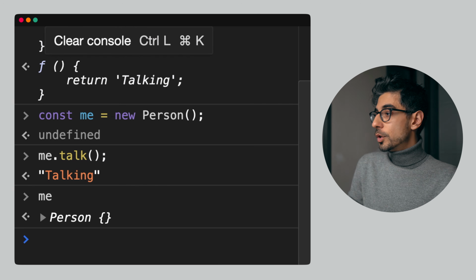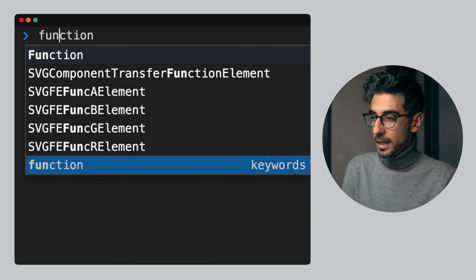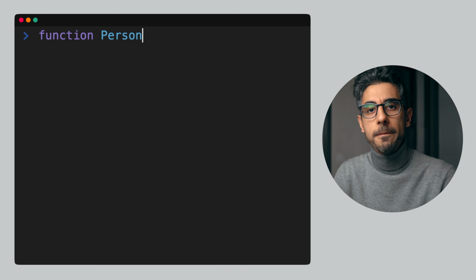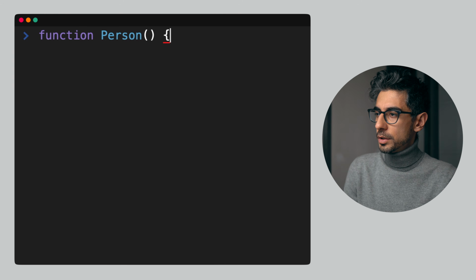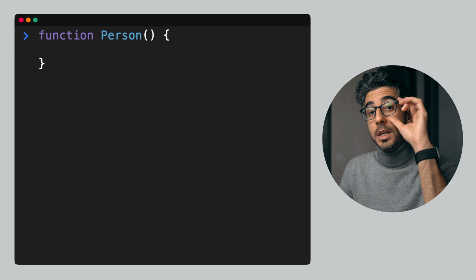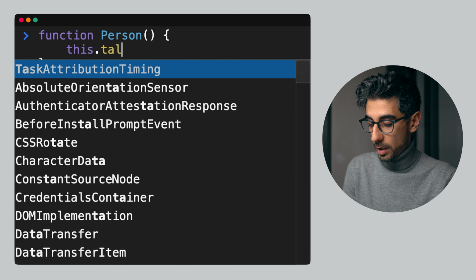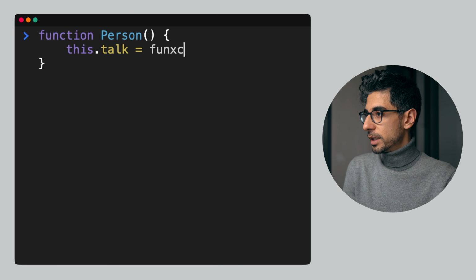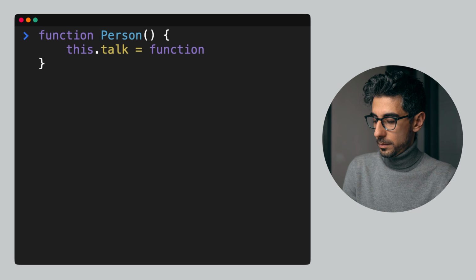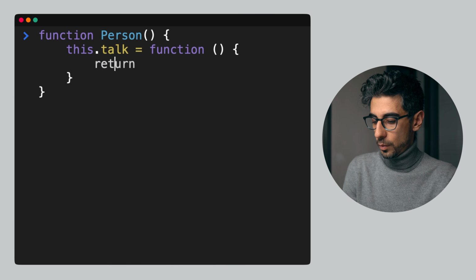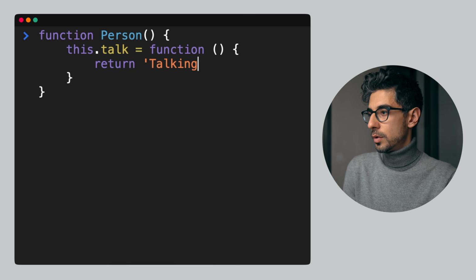Now, another way you could do this, and this is an important thing to remember, is that you can also have, by the way, this is called a constructor function, right? So you can have another constructor function, similar idea, but instead of adding the talk method on its prototype, I can say this.talk equals function, and whatever the logic is that I want, return talking.